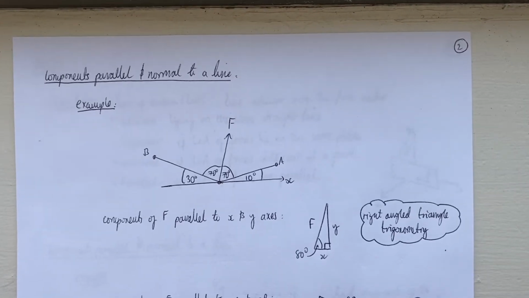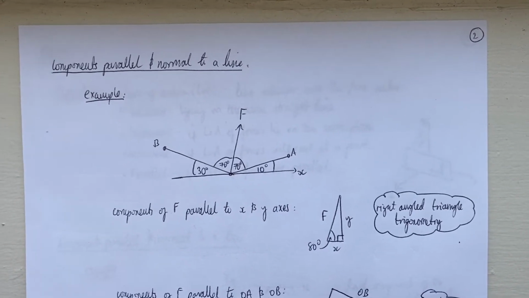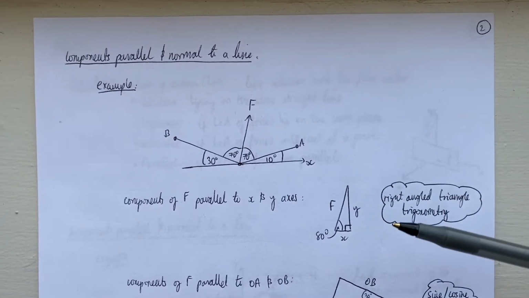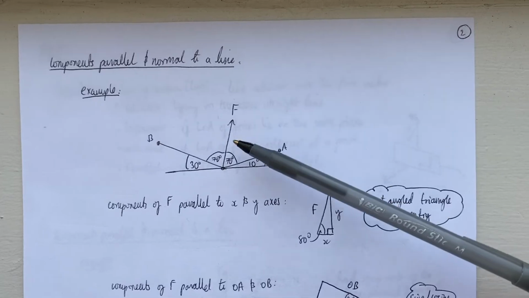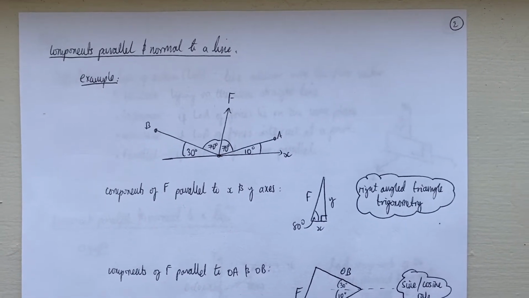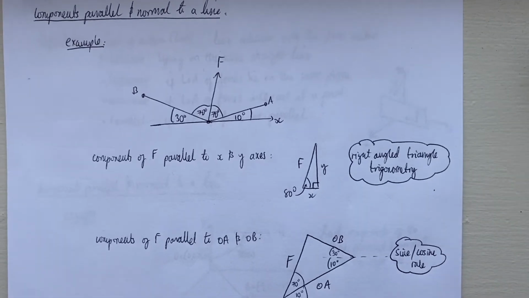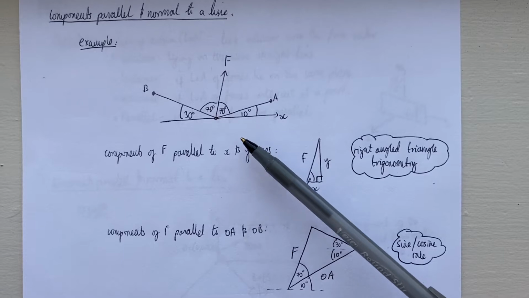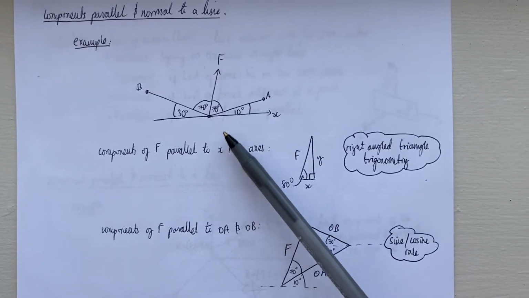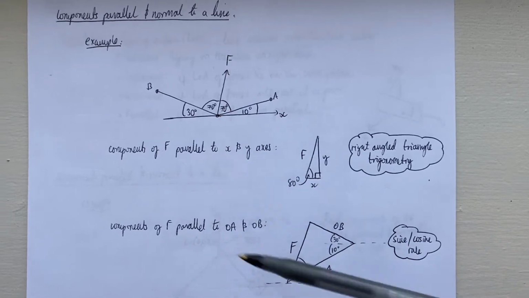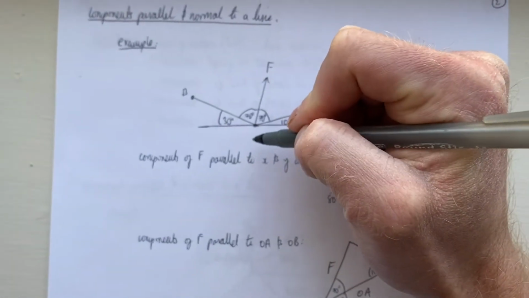But we're not just restrained to finding components of a vector parallel to the axes. We can decompose a vector into components parallel to anything that we choose, right? So in the second bit down here, what I'm trying to do is find components of f parallel to OA and OB. So I'm calling this the origin here.